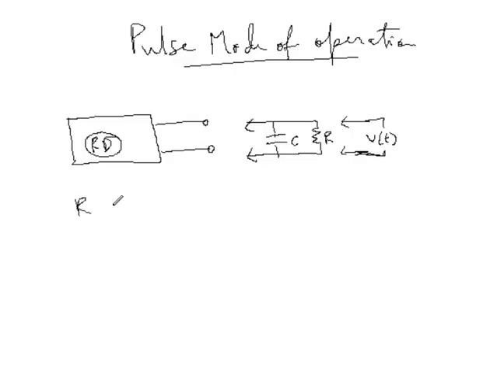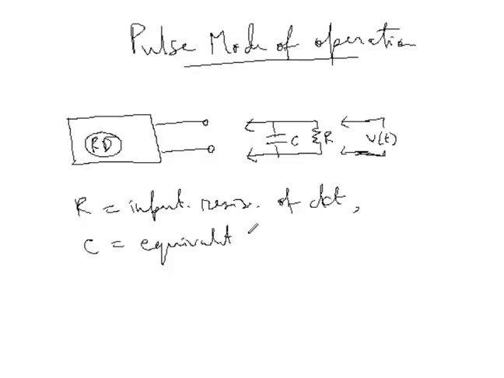So R is the input resistance of the circuit and C is the equivalent capacitance of the detector plus the measuring circuit.